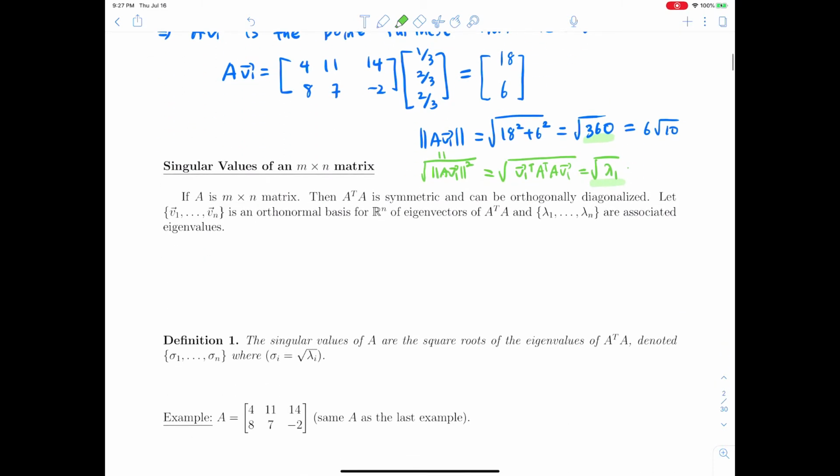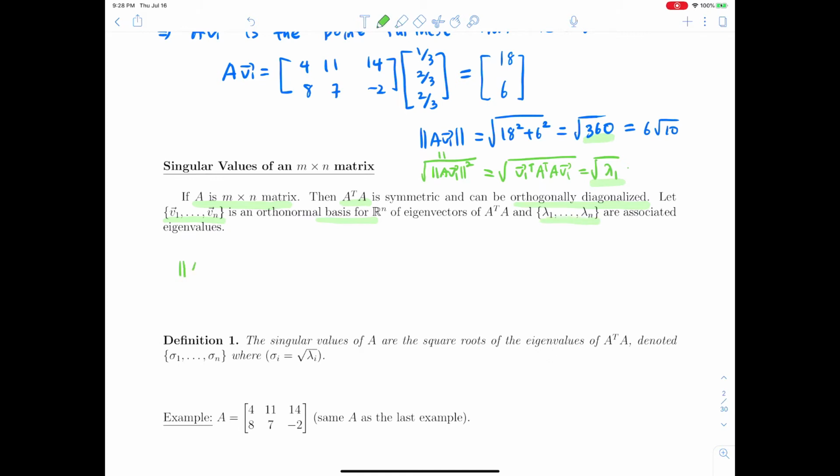So in general, if A is an n by n matrix, then A transpose times A is symmetric, and therefore it can be orthogonally diagonalized. So let's say V1 through Vn is an orthonormal basis for Rn that corresponds to the eigenvalues lambda 1 to lambda n.